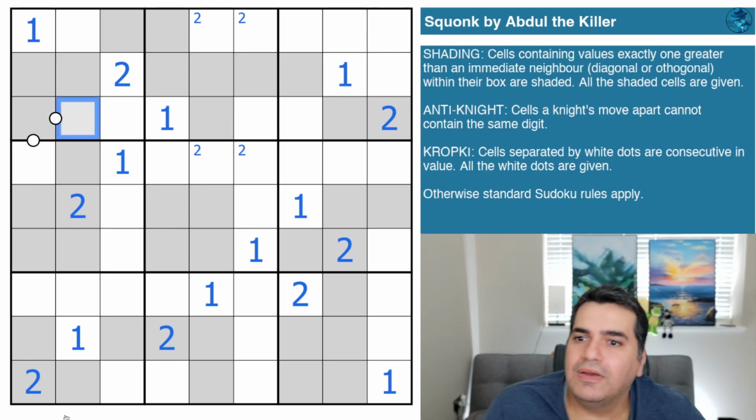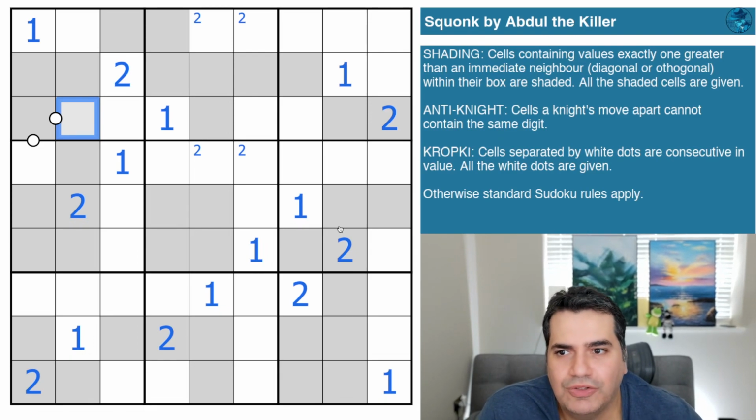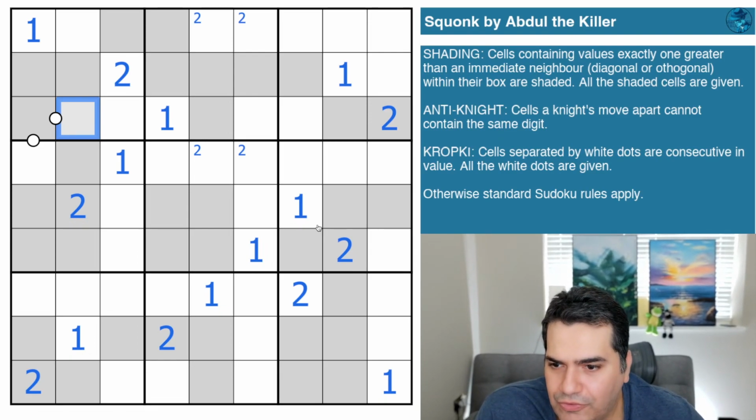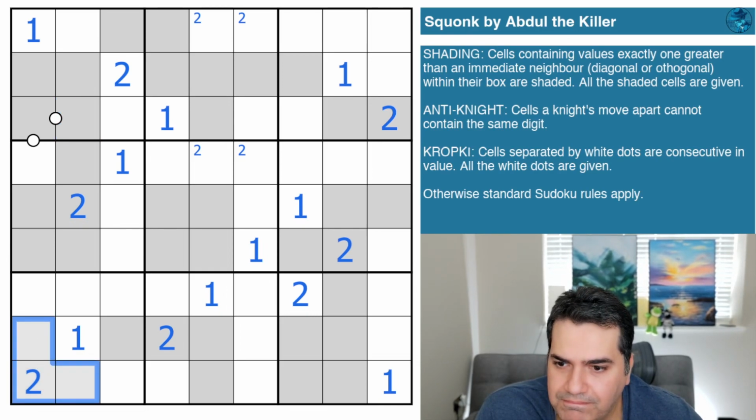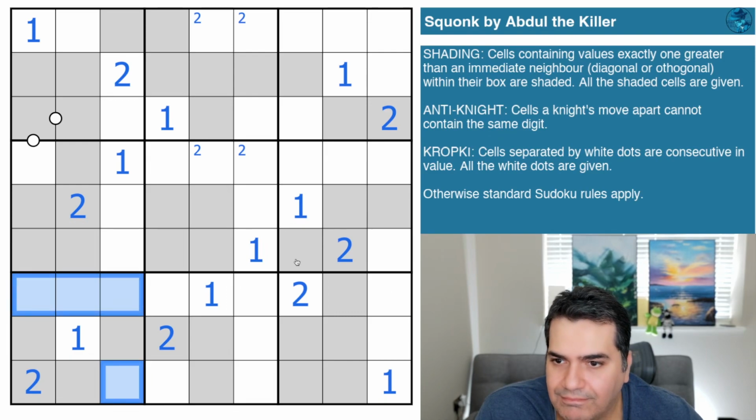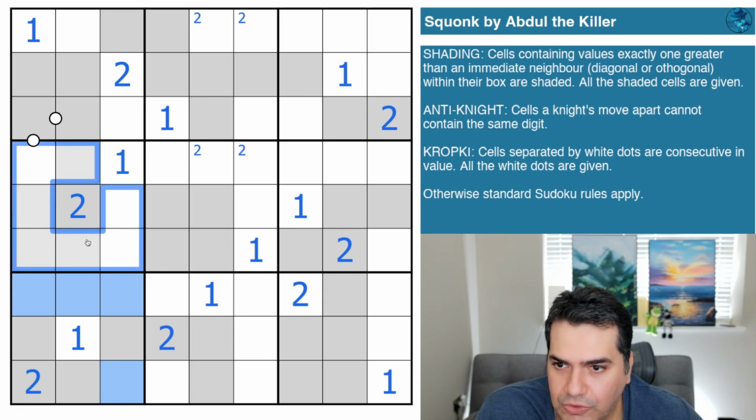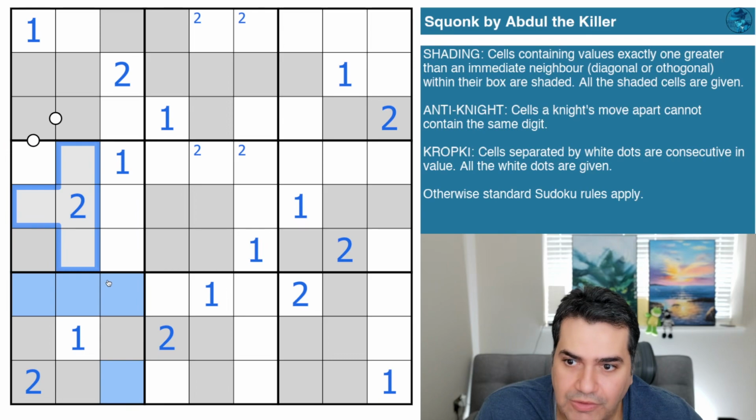Sorry about that. Let's have a think about where 3s can go now, because I feel like, here's an example, 3s couldn't be in any of these, because if it is, it's got to have a white Kropki dot next to it. So 3s are in these. Can't be in any of these. 3 could be here. Couldn't be in these white cells. Couldn't be in there. And again, can't be in there because if they're orthogonal, they would have to be connected with a white dot.